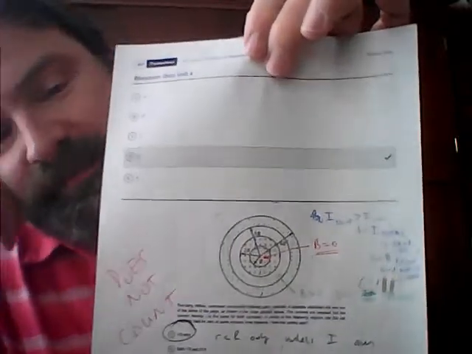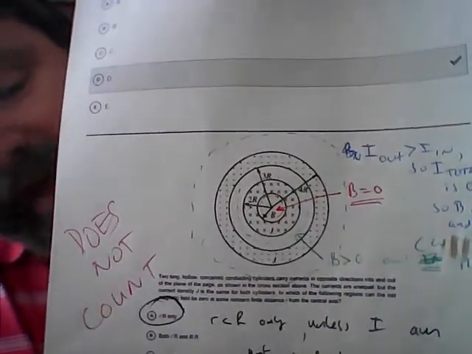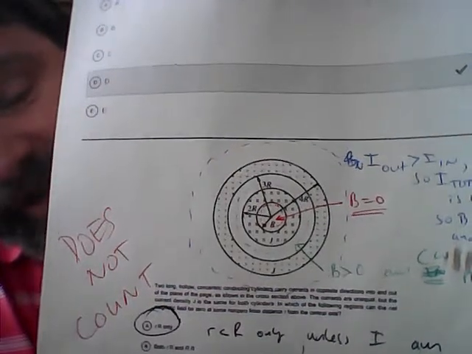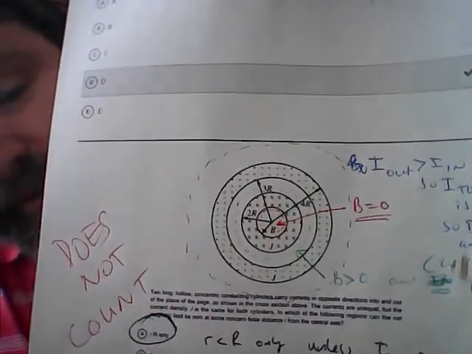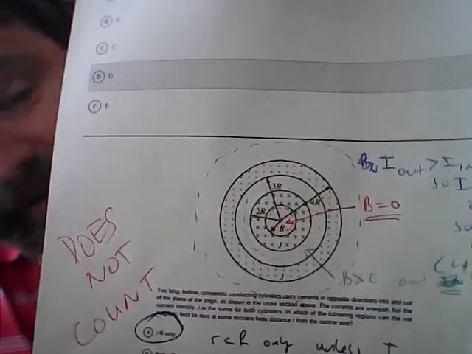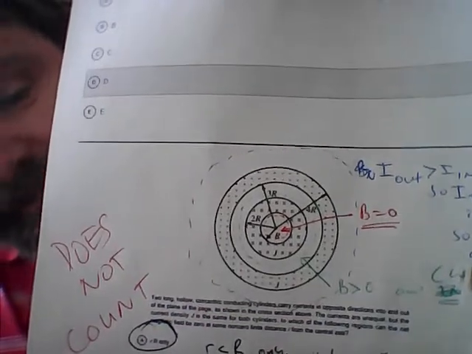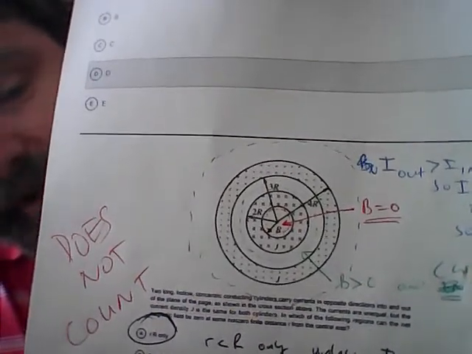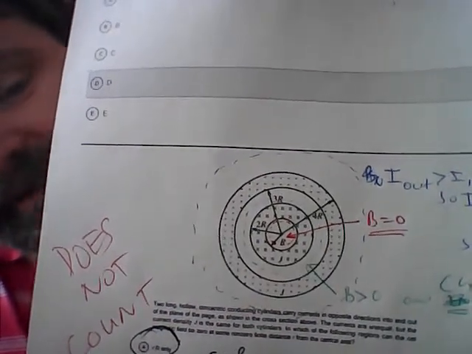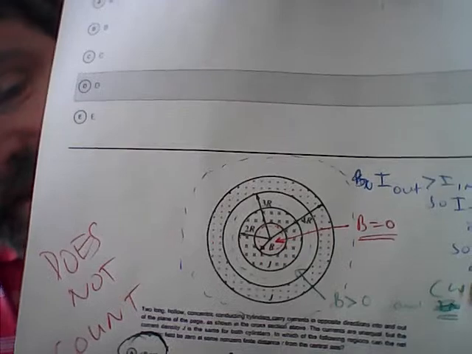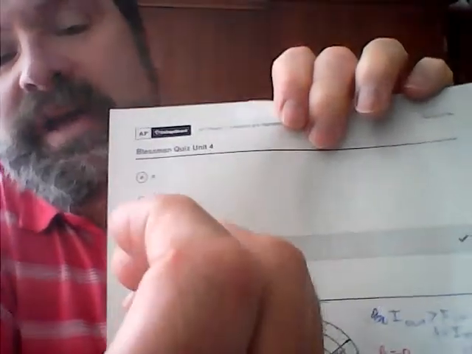Once we get outside the outer shell, the magnetic field created by the outer shell will overwhelm the magnitude of the field created by the inner shell, because there's more current flowing through the outer shell. They have the same thickness, but the circumference is bigger, so more current flows through the outer shell. Therefore, outside the entire assembly, because the outer shell has its current coming towards us, the magnetic field would be counterclockwise.